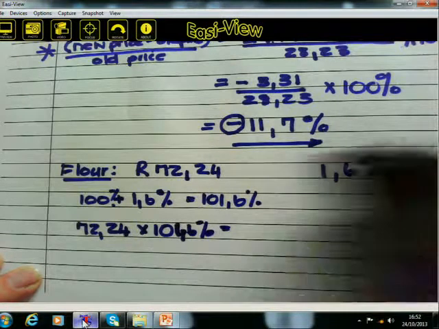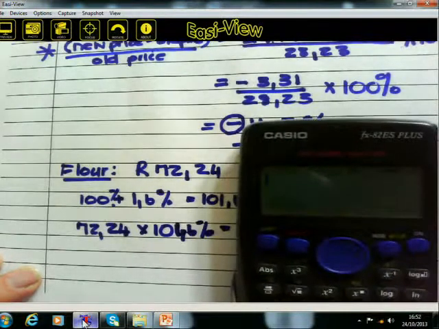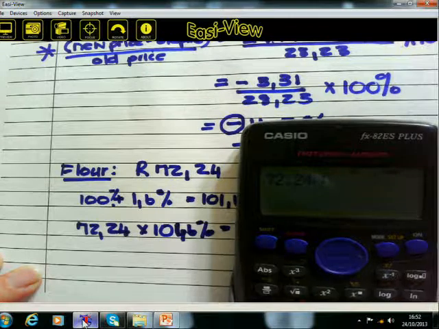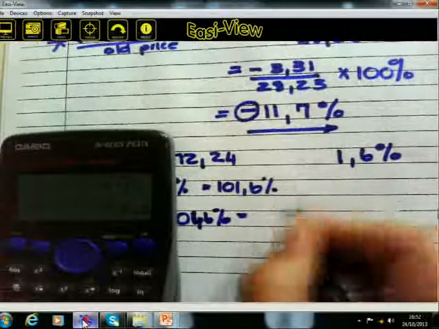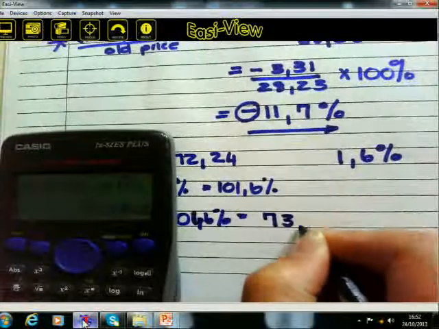And if I take my calculator, I will say 72,24 multiplied by 101,6, because it's percent, divide by 100, and that gives me the answer of 73 Rand.